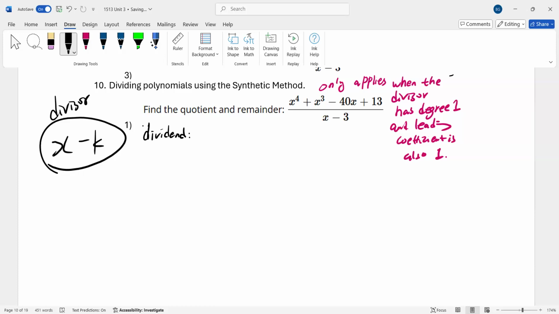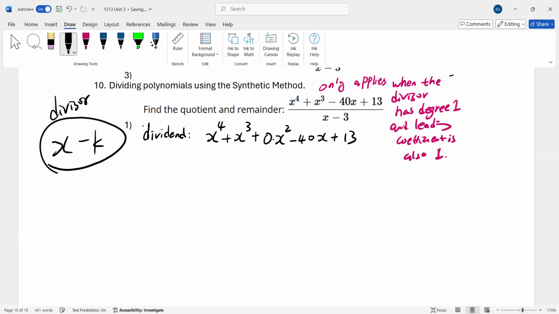It is x to the power 4, plus x to the power 3. Do we have x squared? We do not, because the coefficient is 0. So we can write 0 times x squared, and then minus 40x plus 13.